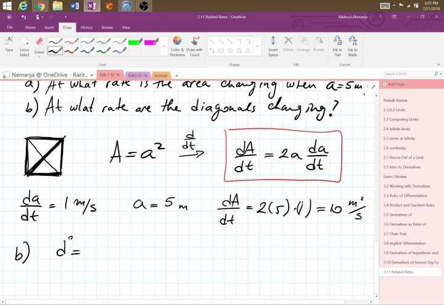So d squared is equal to a squared plus a squared, because it's a triangle and both sides are a, and the hypotenuse, which is the diagonal, is d. So that's 2a squared. If you square root both sides, d is equal to a root 2.